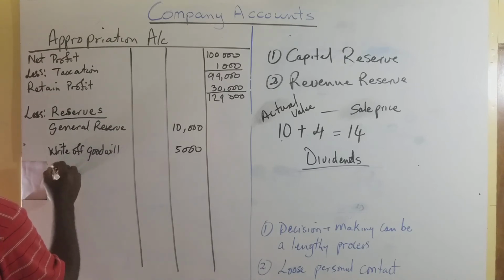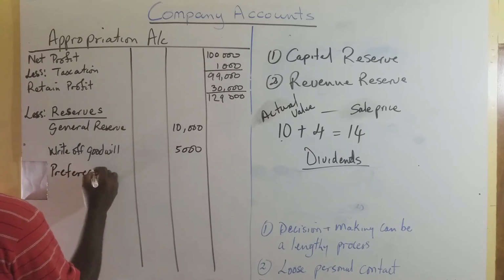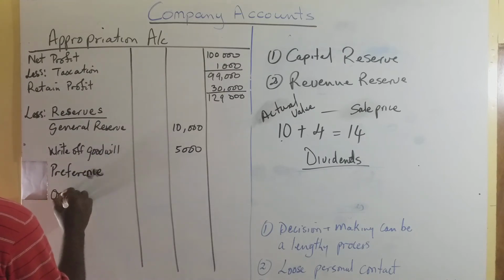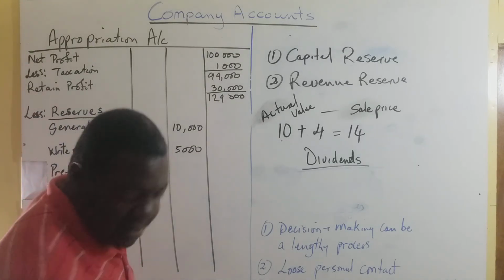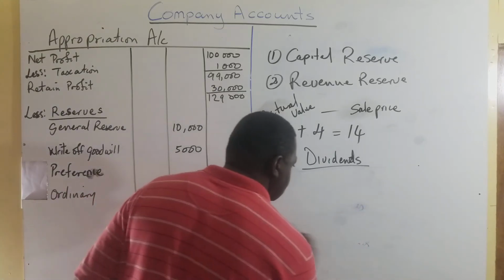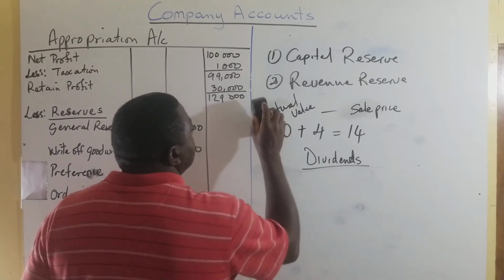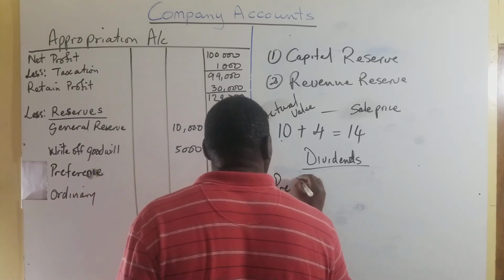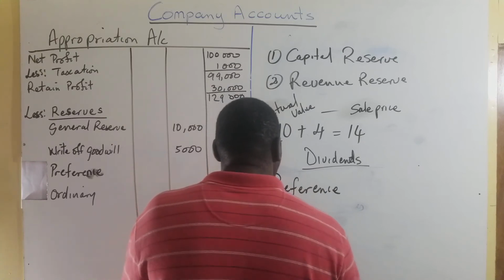So we're also going to have what is referred to as our preference shareholders and our ordinary shareholders. Now, allow me to talk about that. The shares are divided into these two main types: the preference share and the ordinary share.